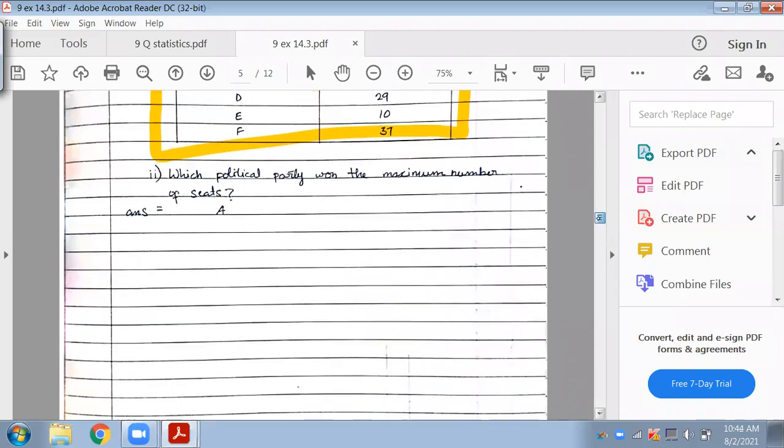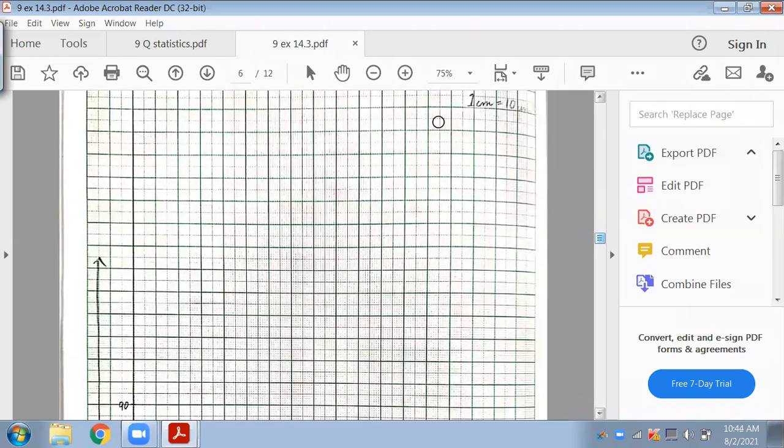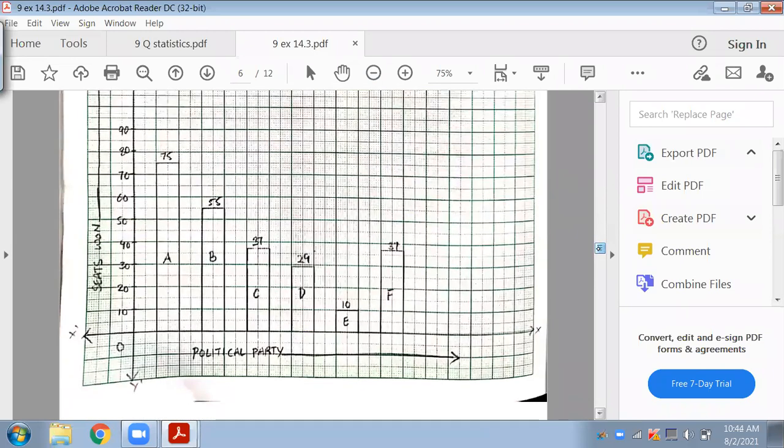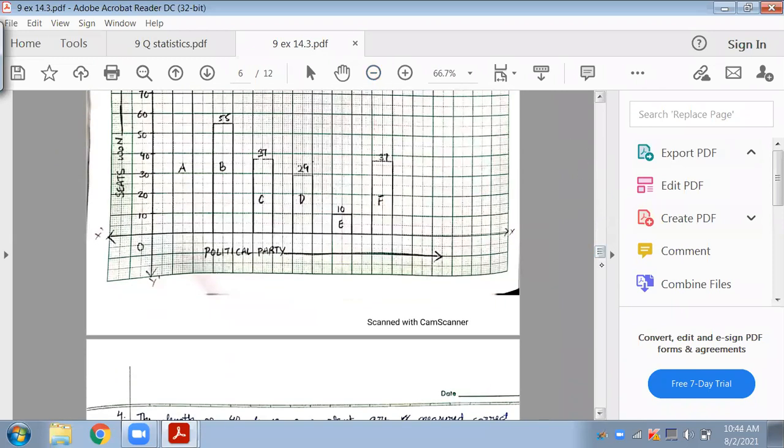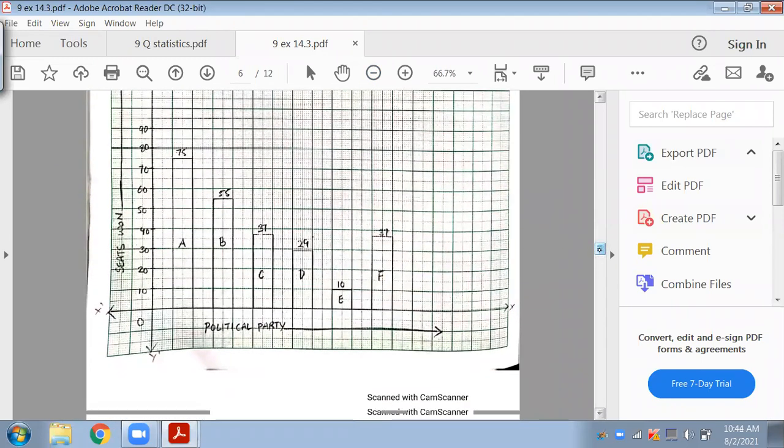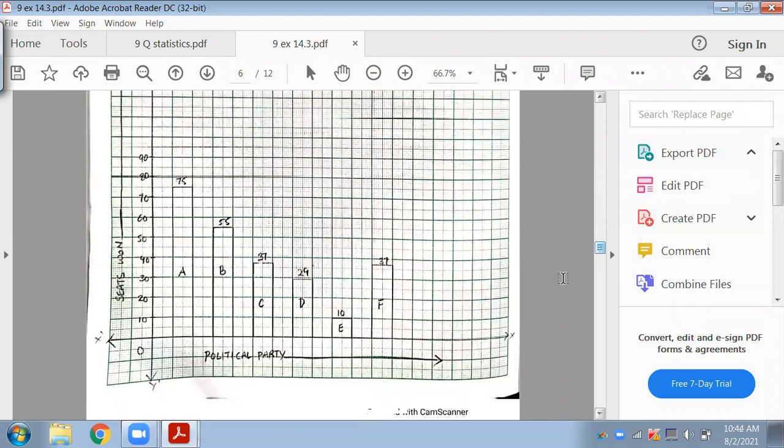Then let's draw the graph. I have already drawn it, so it will be the same as what you have drawn before. First, you are going to draw two axes. Leave 2 cm at the bottom and then draw a line, that will be your x-axis.